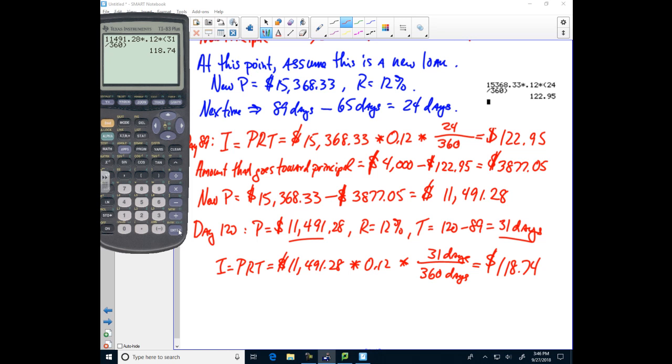And if you look at this, it says the total interest. You just add up all these interests, and the ending balance is going to be this number right here plus the $118.74. So y'all can finish this problem, and I'll give you one or two of these to work on over the weekend.